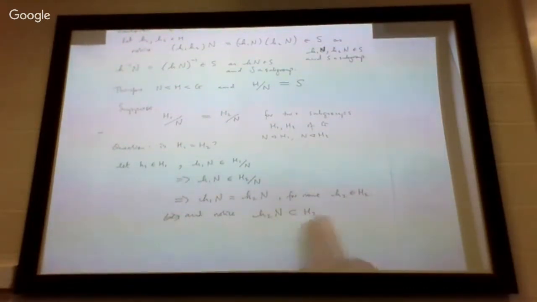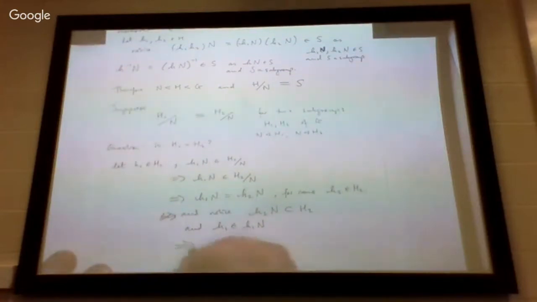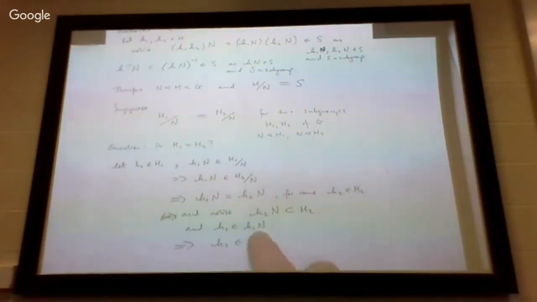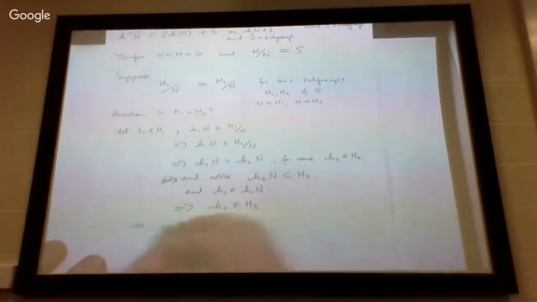And h1 is an element of h1 times N, just choose the identity element from capital N. So h1 is in h1N, h1N is equal to h2N, but h2N by construction is a subset of H2. So h1 is in a subset of H2, so that shows that h1 is contained in H2.